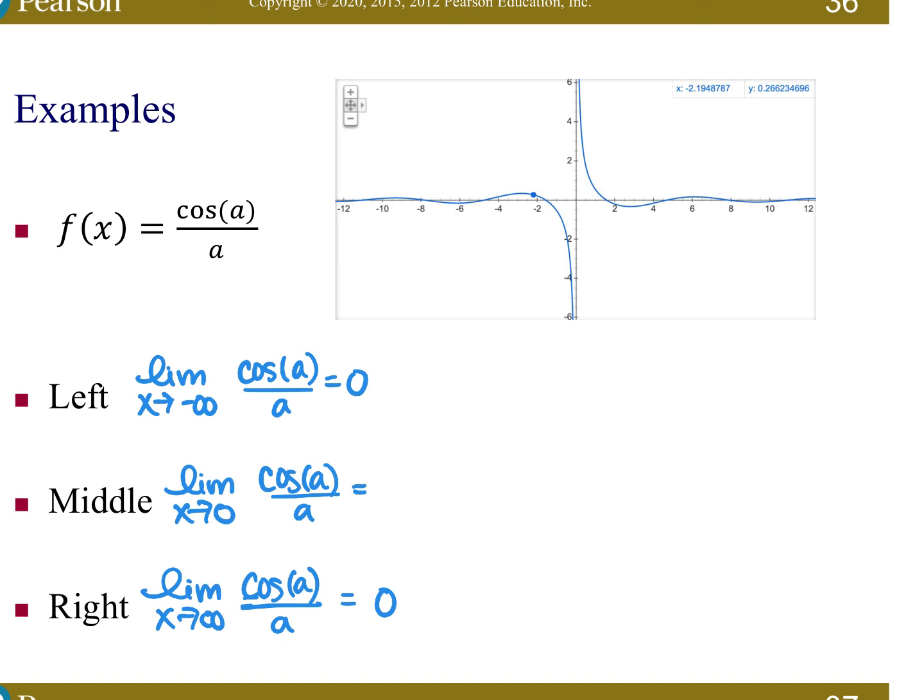Okay, it's going to negative infinity. On the other side, what's it doing? Positive infinity. Those are one-sided limits, and those one-sided limits are not equal to each other because they're doing different things. So this one does not exist in the middle there, okay, for that particular one.